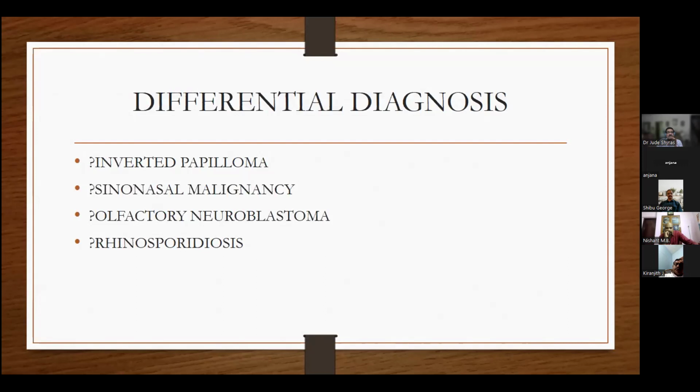Inverted papilloma is a benign tumor which has got a bone eroding property, and intraorbital and intracranial extension also, especially when it involves the frontal and ethmoid sinuses. The patient is a carpenter, and inverted papilloma is more common among people who work in the wood industry. And it is a tumor which has got a propensity to turn into a malignant tumor. 10% of inverted papilloma, and wood dust is related, is it? Yes, sir. Okay, that is news for me.